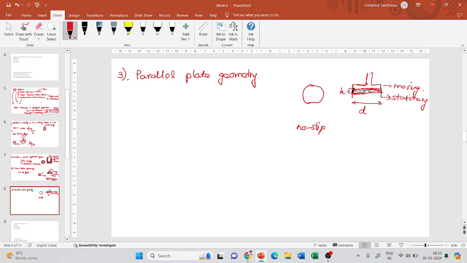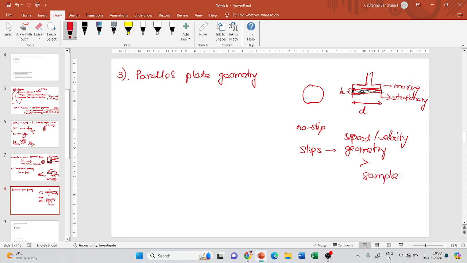Gala sir would have said, if the sample slips, then the velocity of the geometry will be greater than that of the sample.